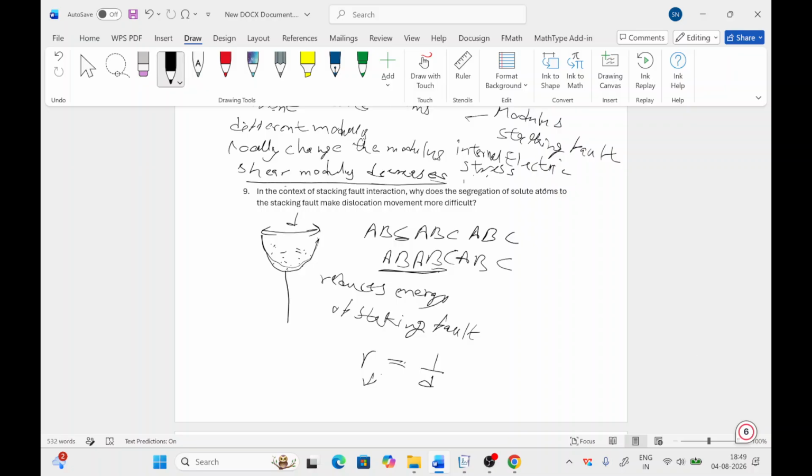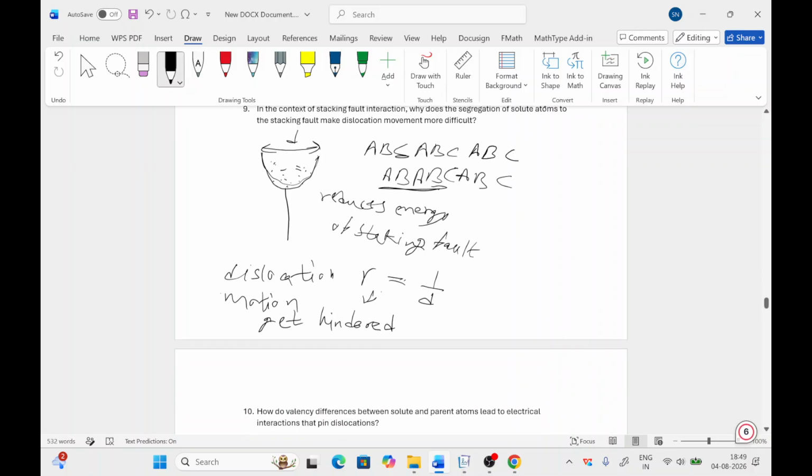So that's why the dislocation motion gets hindered because of this clustering of atoms in between the two partials.